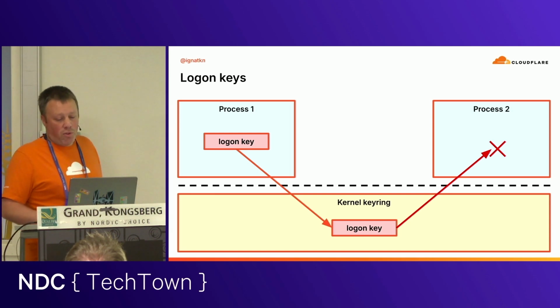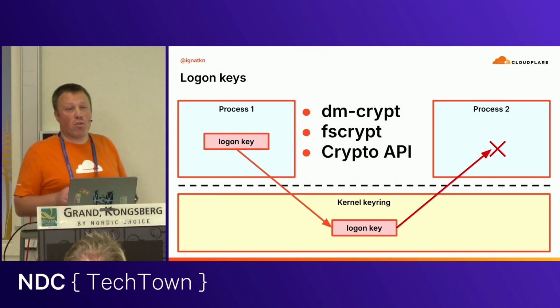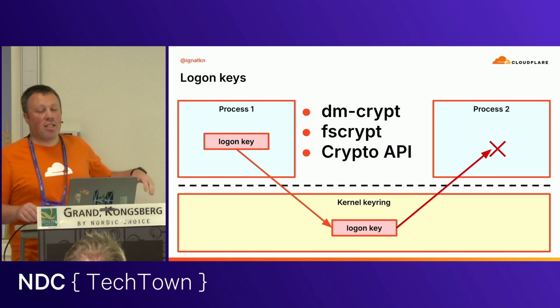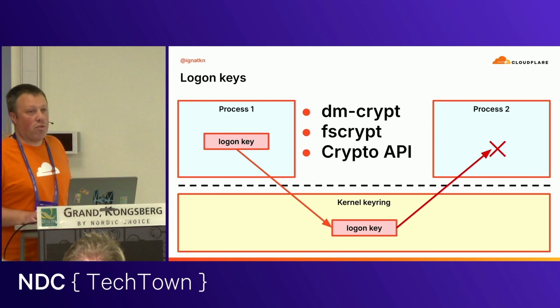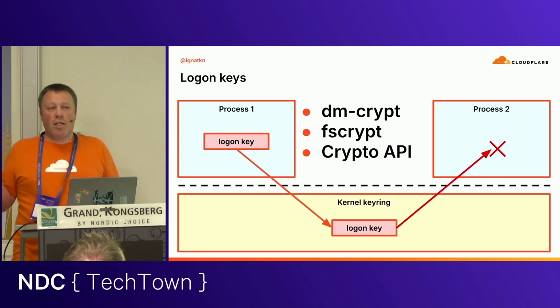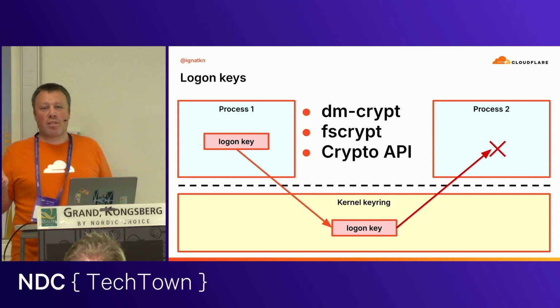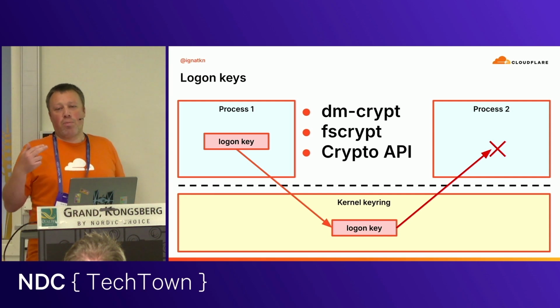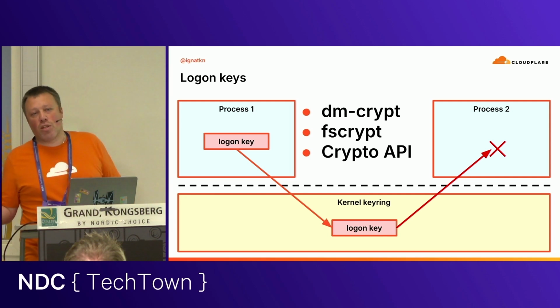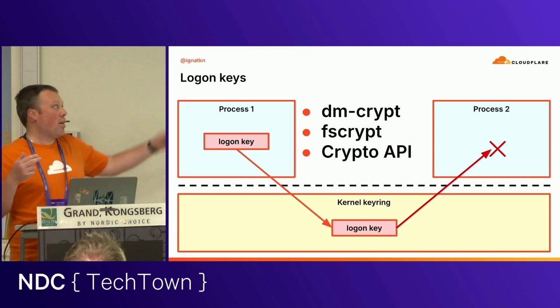Why is it useful? It's useful to share secrets with the kernel itself, or in kernel cryptographic operations like disk encryption. For example, if you run a modern Linux distribution with full disk encryption, when you unlock the disk, your password is actually shared with the kernel via a logon key.